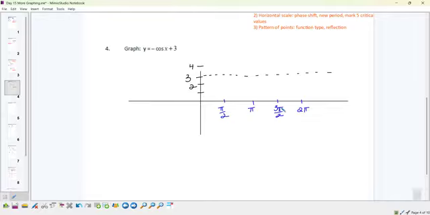And now it's a reflected cosine pattern, so that's minimum, midline, maximum, midline, minimum. And turn the minimums around so that they look like the bottom of a valley. You have to make sure you show that that's the minimum point.